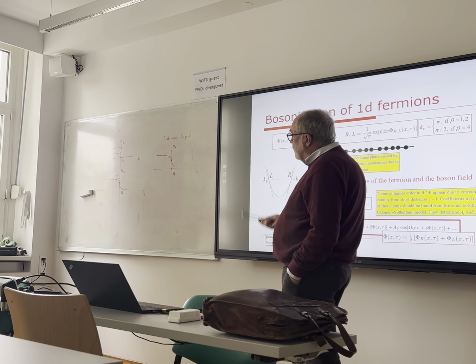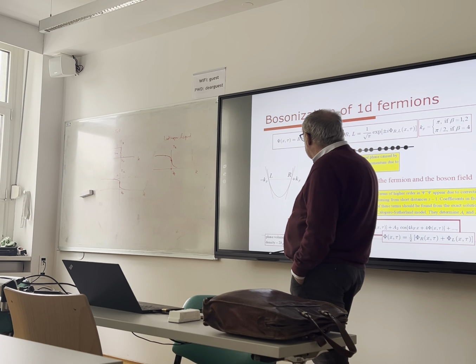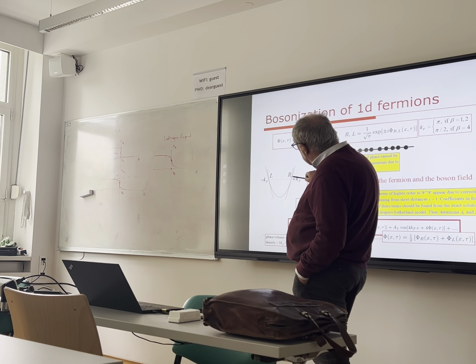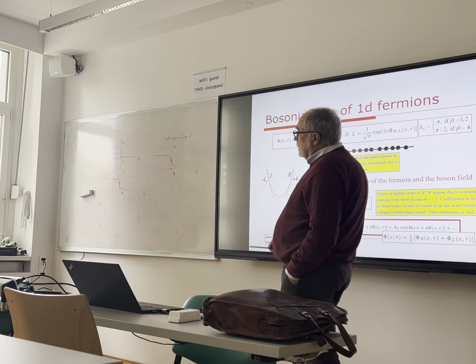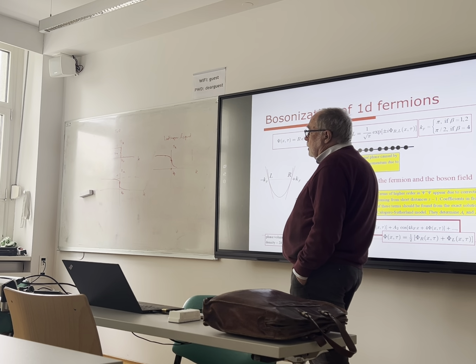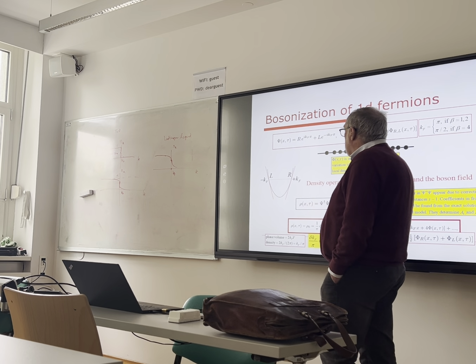So it is a big momentum transfer. The other process is when the momentum is changing, but in the vicinity of this point, or in the vicinity of that point. This is a small momentum transfer, so a slow evolution in space.